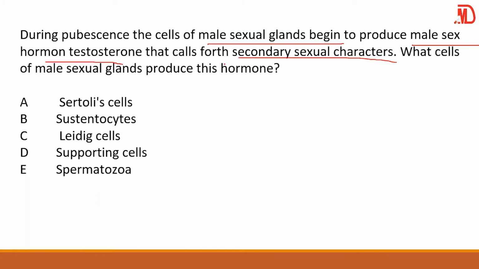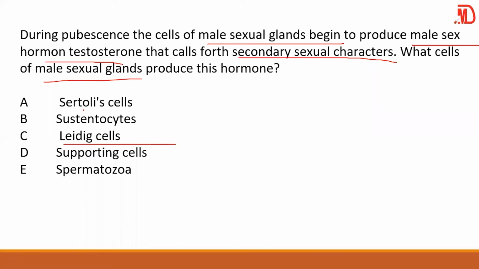What cell of the male sexual glands produce this hormone? What they are asking is what cell is responsible for the production of testosterone? As simple as ABCD. And your answer is what? The Leydig cell. So basically it's Leydig cell.